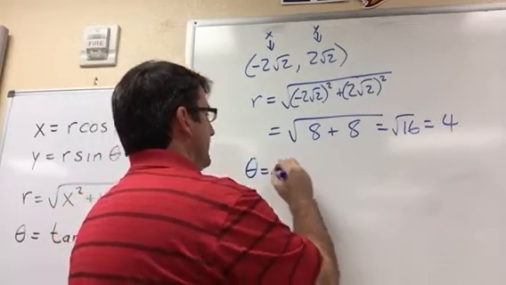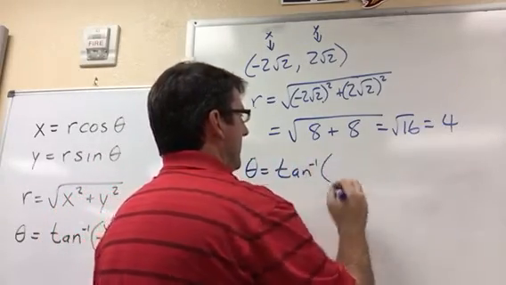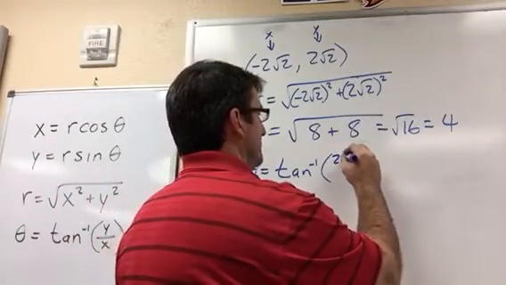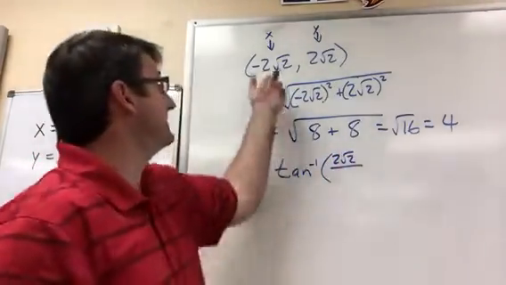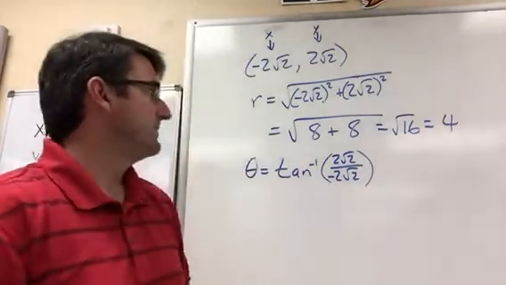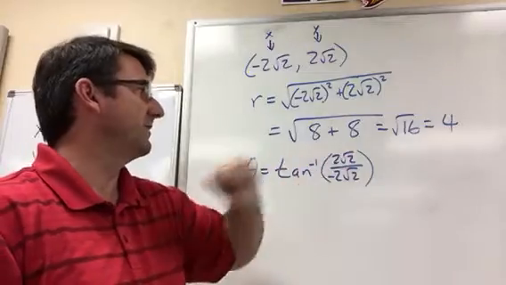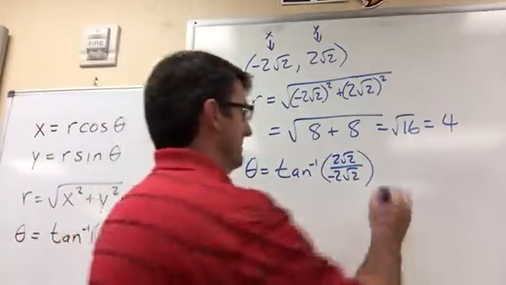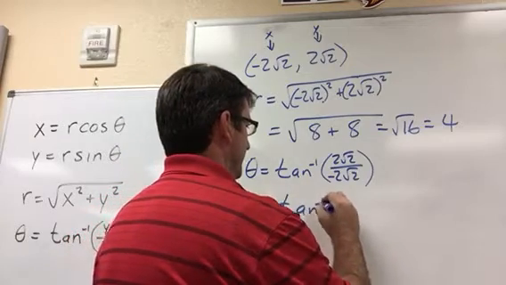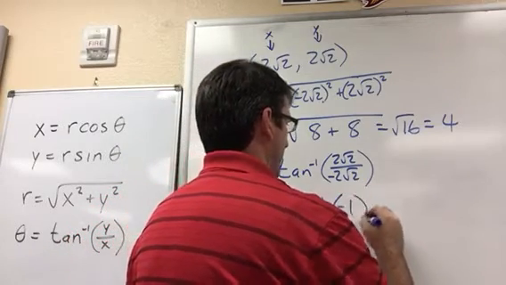Theta is the inverse tangent of y over x. So y here is 2 square root of 2. X is negative 2 square root of 2. So 2 square root of 2 divided by negative 2 square root of 2 is just going to be negative 1. So this is the inverse tangent of negative 1.